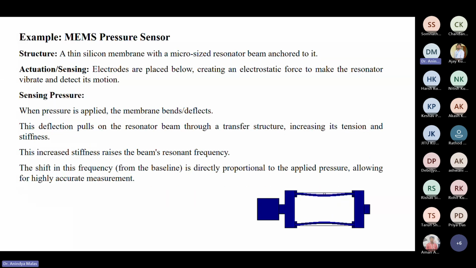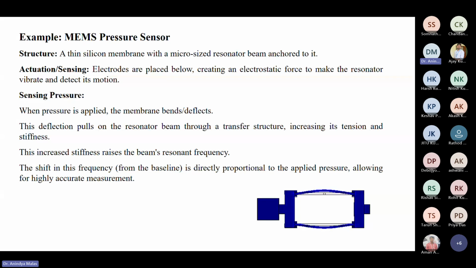That is the case. What I have discussed is actually shown here. You can see in the figure that the membrane is oscillating at its own natural frequency. Suppose now a pressure is applied on this membrane, so it will change its stiffness. So its natural frequency also changes.